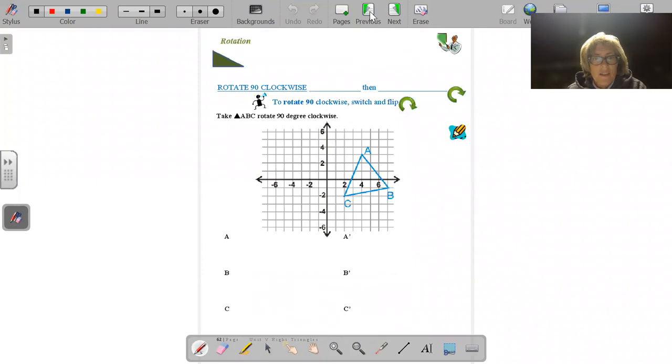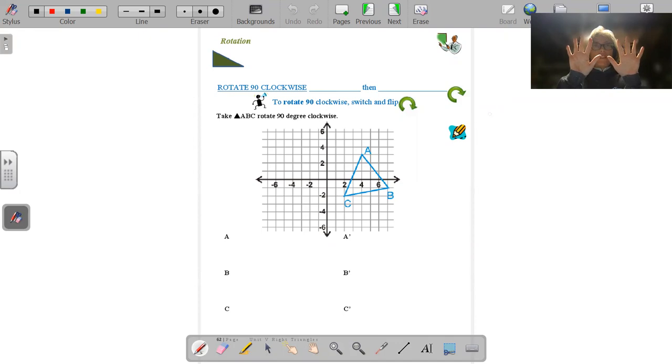Rotations are the trickiest. So to rotate 90 clockwise, you switch and flip to the right. Put your hands like this.